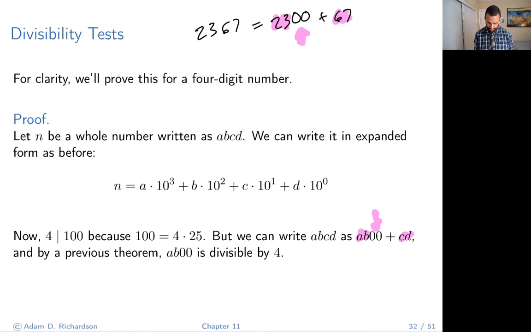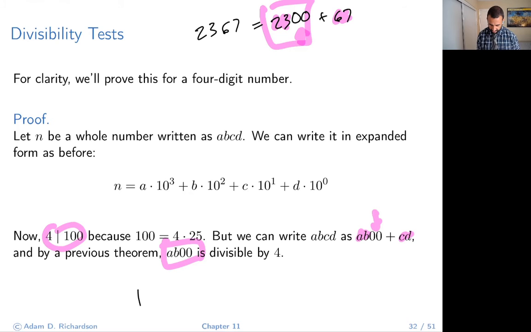Here's the cool part. We know that 4 divides 100, and AB00 is a multiple of 100. By a previous theorem, if a number divides another, then it divides all multiples of that number. So AB00 is always going to be divisible by 4, no matter what it is.